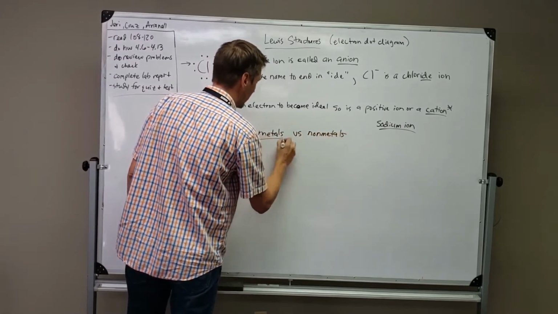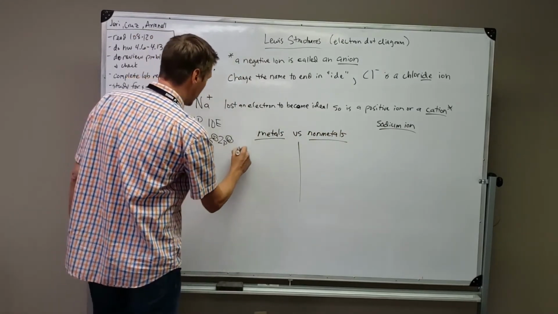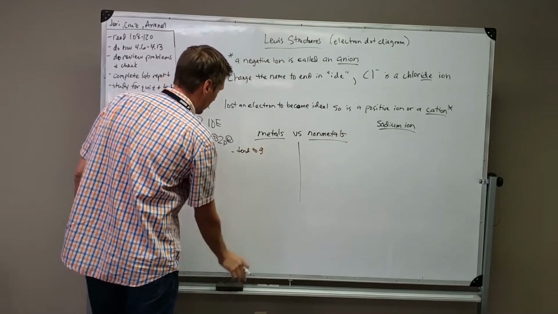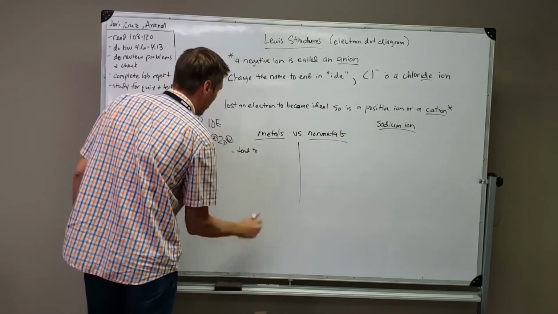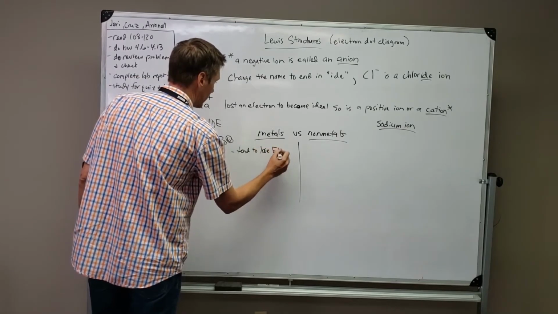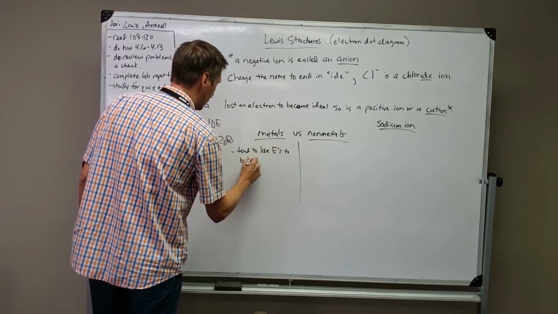So the first thing that we said was they tend to lose electrons. I'm going to abbreviate that as capital E apostrophe S. Lose electrons to become ideal.